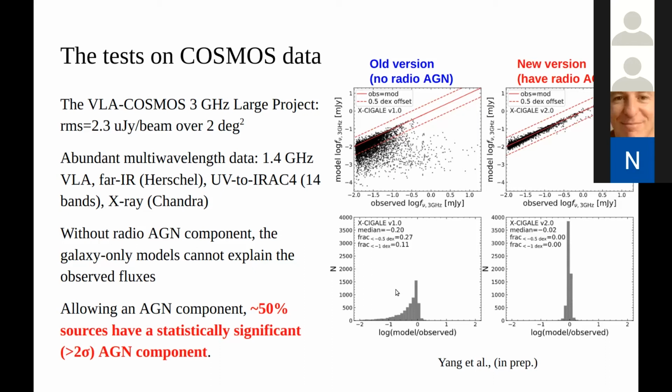That very strongly indicates you really need a radio AGN component. After adding the radio component, the model flux agrees with the observed radio flux very well. Actually, from statistical analysis, we found about half of the sources have a significant AGN component.